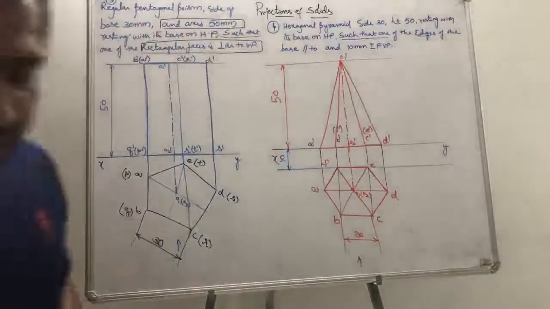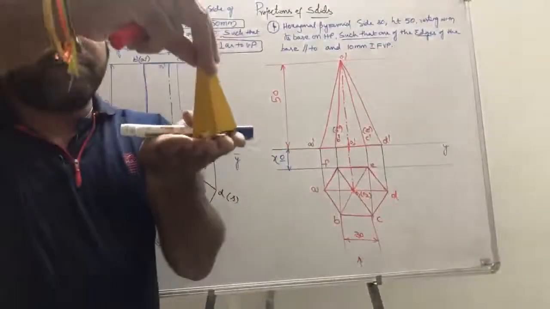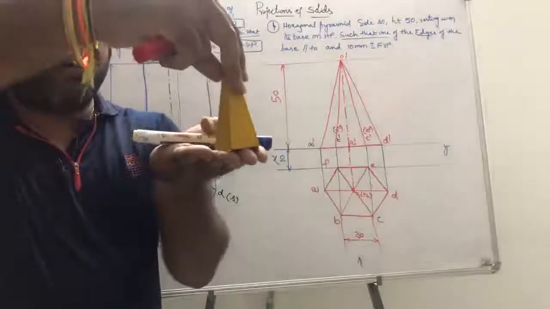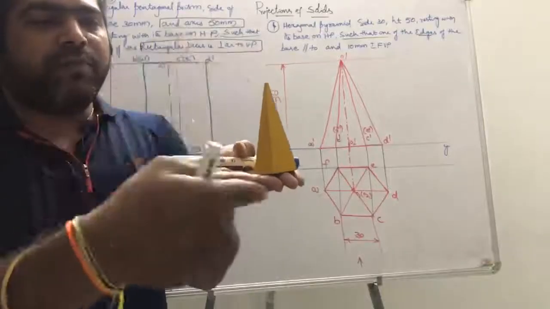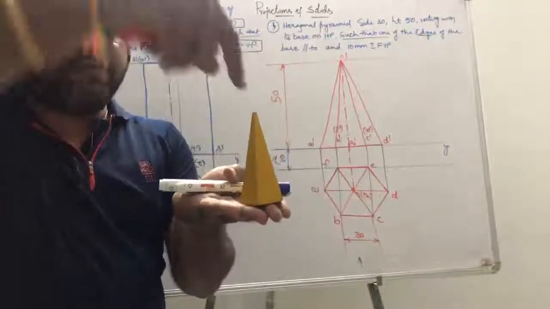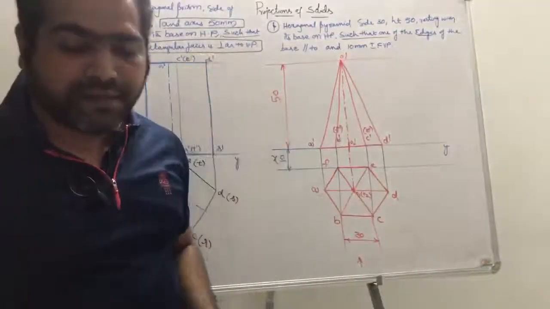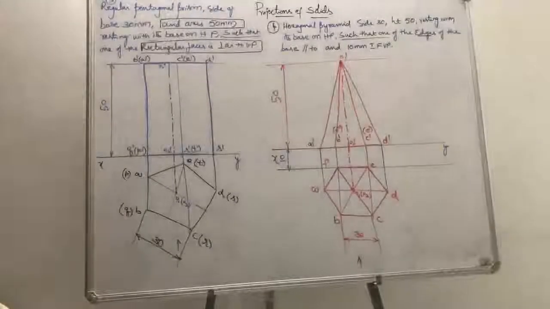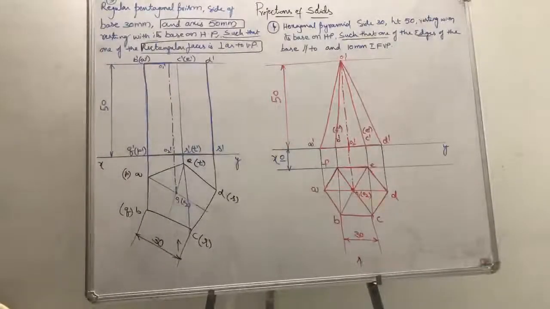So this was the front view. That means when your hexagonal pyramid is going to be on HP, while you see from the front, you are going to notice it like this. When you see from the top, it should be seen like this. Is it clear?